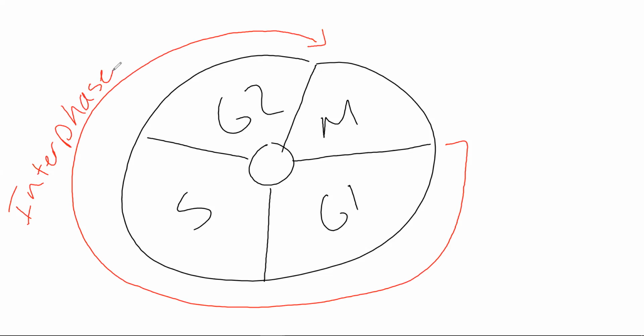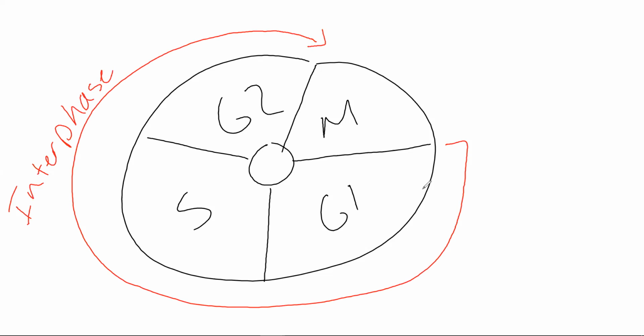This is where the cell spends most of its lifetime, where after the cell is born via mitosis, it grows and grows and grows until it says, hey, I need to replicate my DNA and then begin mitosis.